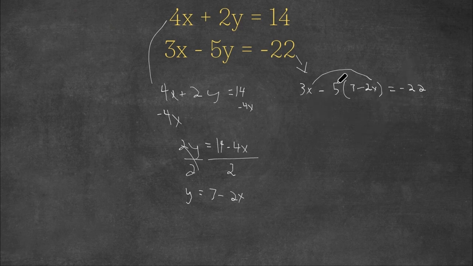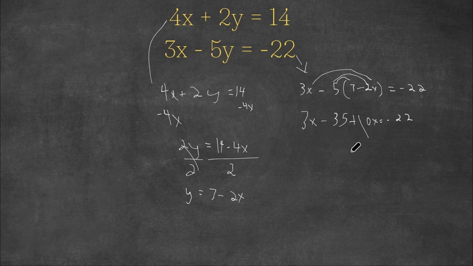So let's first distribute this 5 to simplify this a little bit. So we're going to multiply our 5 with 7 as well as negative 2x. Remember all the terms in the parentheses when we're distributing. So this gives us 3x minus 5 times 7 is 35. And negative 5 times negative 2x is positive 10x equals negative 22.